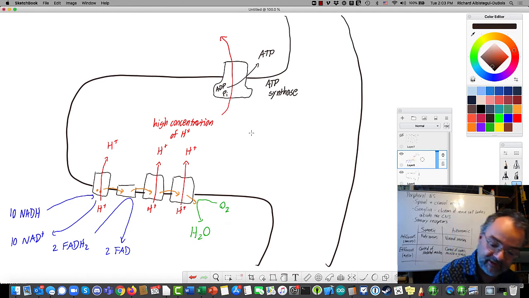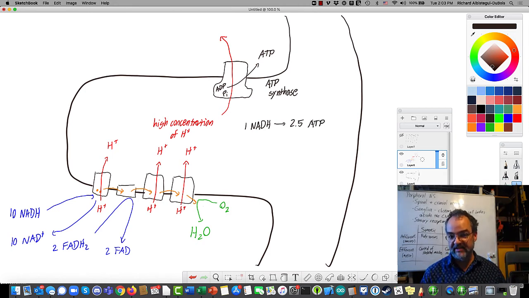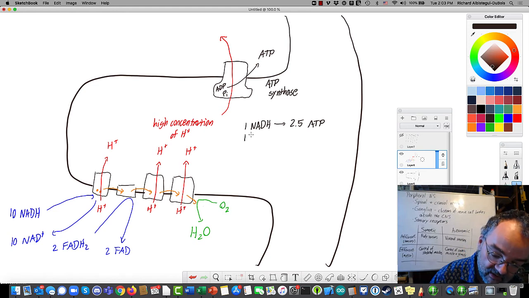But as a rough estimate, one NADH provides enough energy for about 2.5 ATP most of the time. Overall, when we account for some of the losses in this process. One FADH2 isn't quite as efficient, and we only get enough energy for about 1.5 ATP.